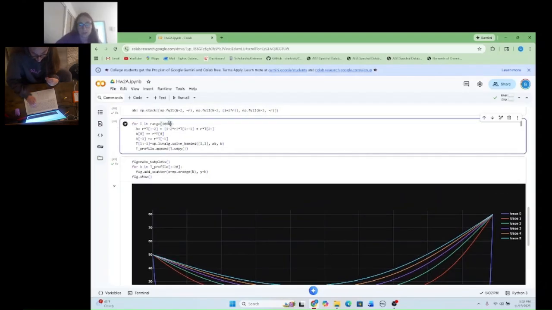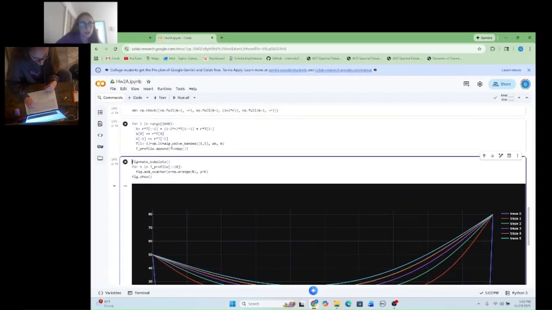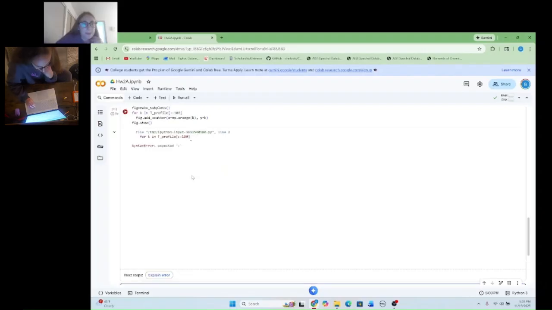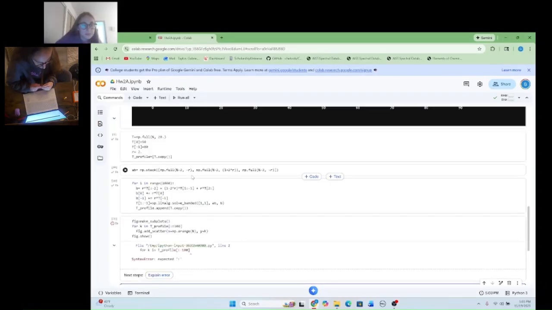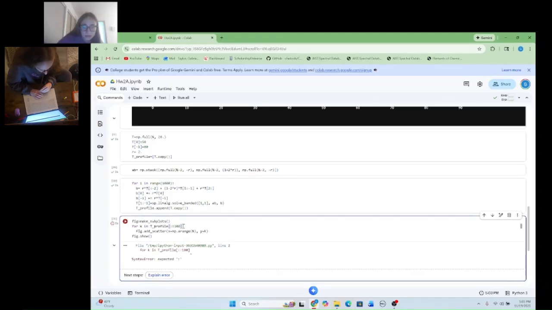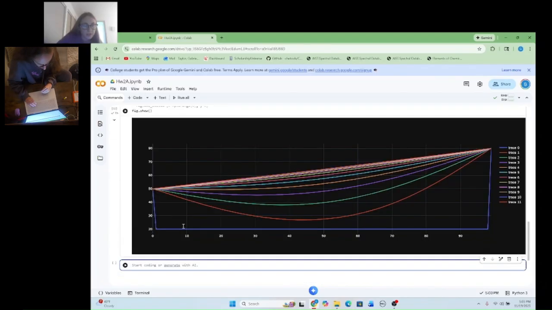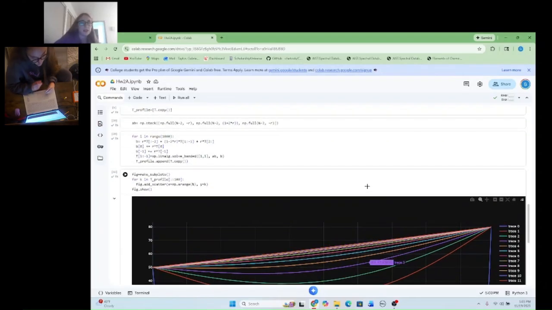Right? And I'm going to change this to 100. Oh, okay. To 100. Okay, so we're actually at steady state now. So we have a straight line, and we have lines with that, and we're at 1,000.